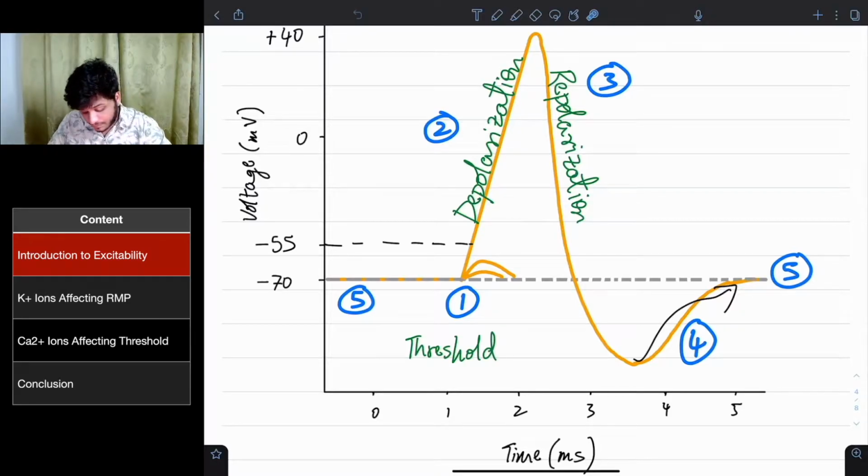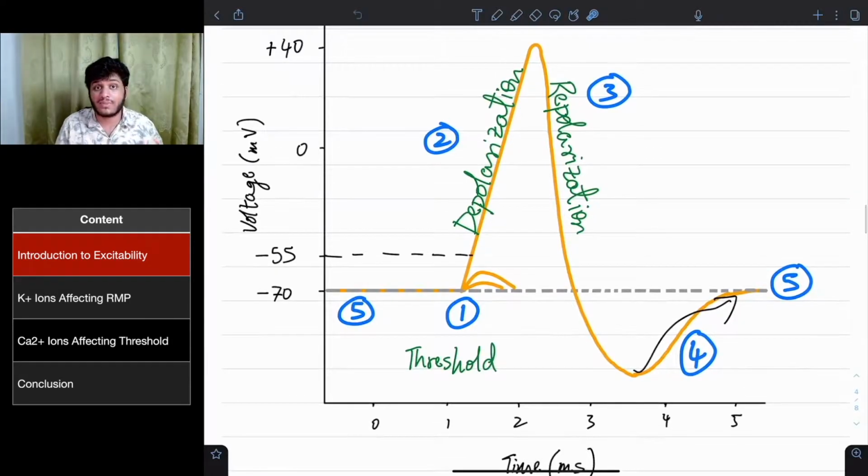Now, how does it reach back into resting membrane potential? Remember, I said in that lecture that it reaches through potassium leak channels. Potassium ions diffuse into the cell, and that's how it reaches back into resting membrane potential.